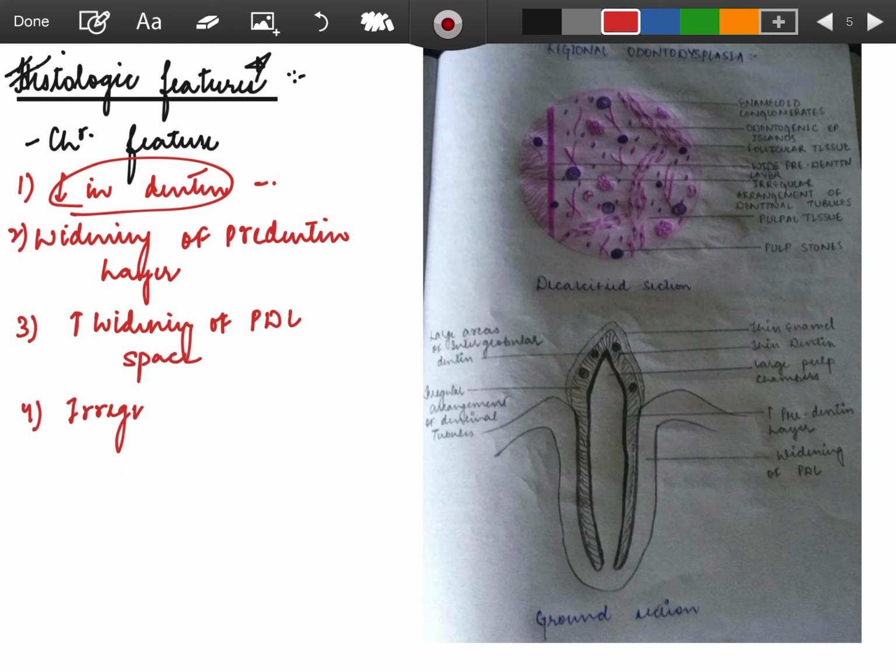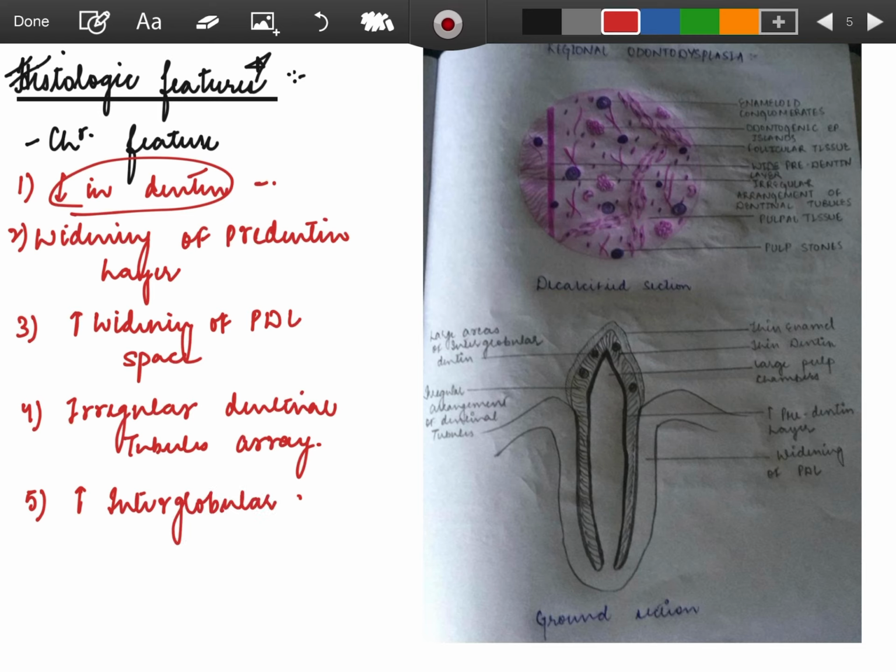And there is irregular arrangement of dentinal tubules. And there is a high amount of interglobular dentine. Large areas of interglobular dentine are present which are hypomineralized.